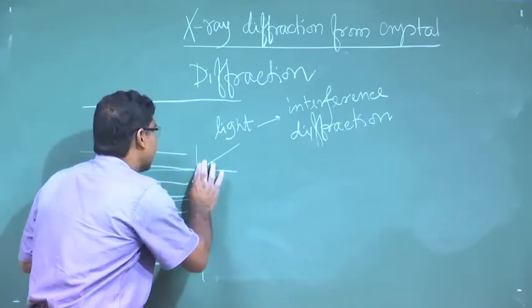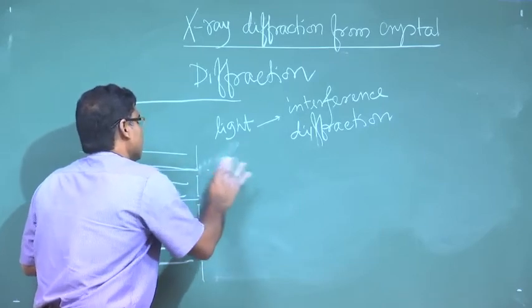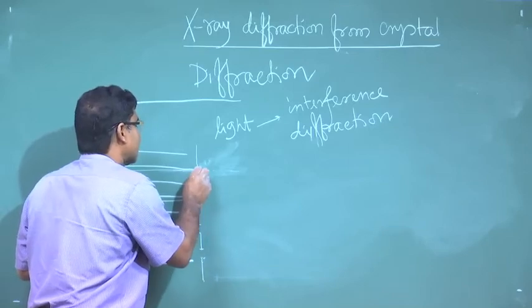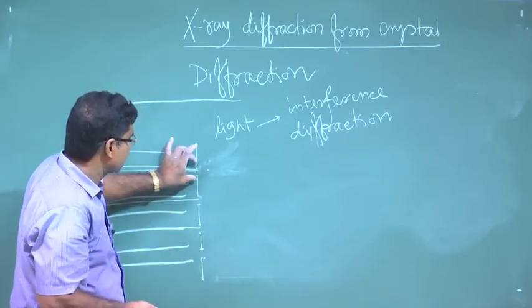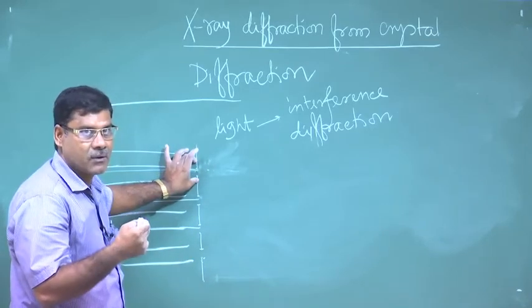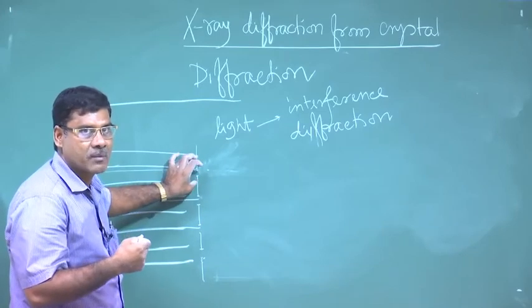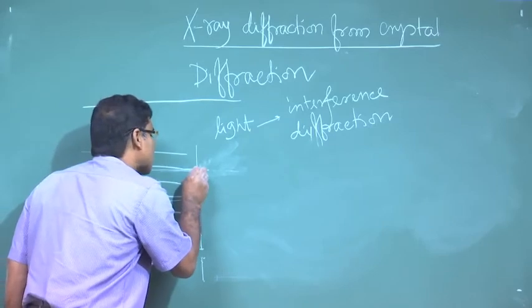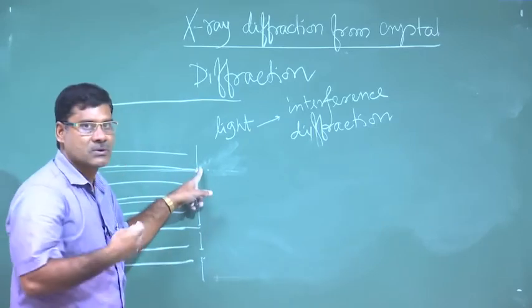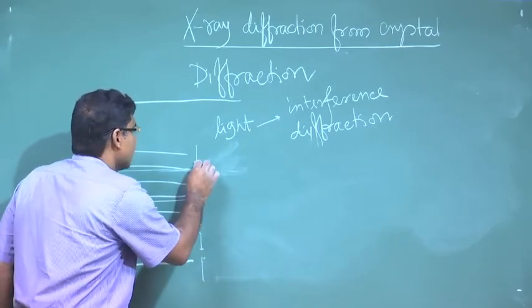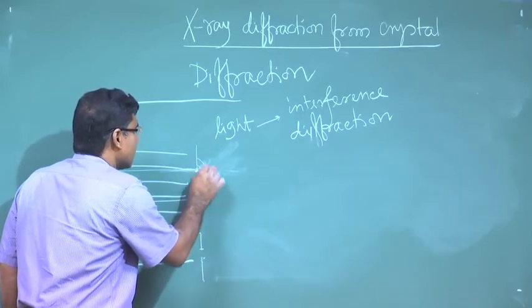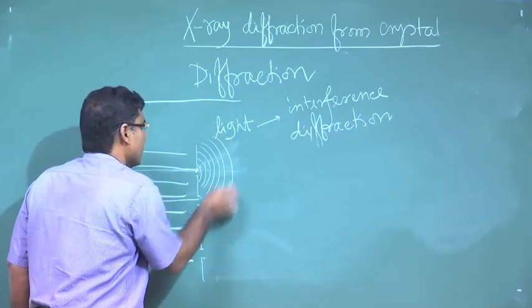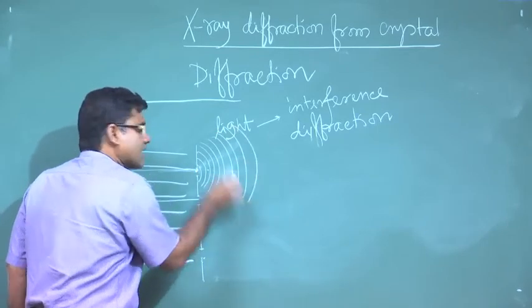What we say is that whenever the wave comes here, it faces an obstacle. Although a hole is there, the wavelength is comparable to the hole. So here, the hole acts as a source and generates waves.